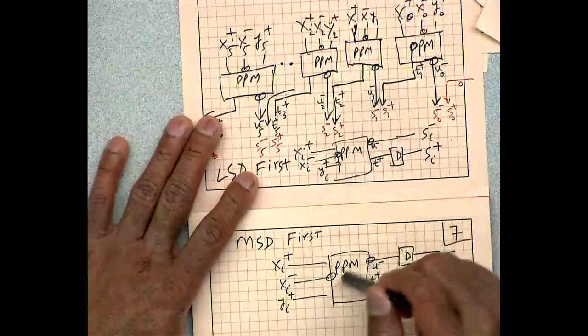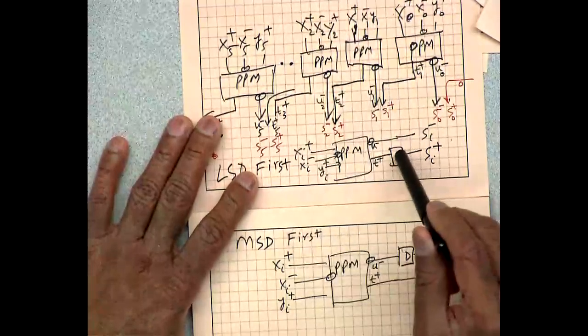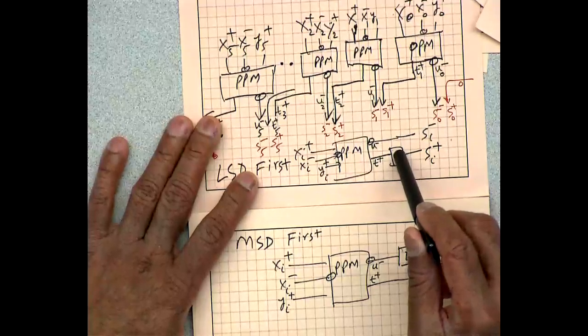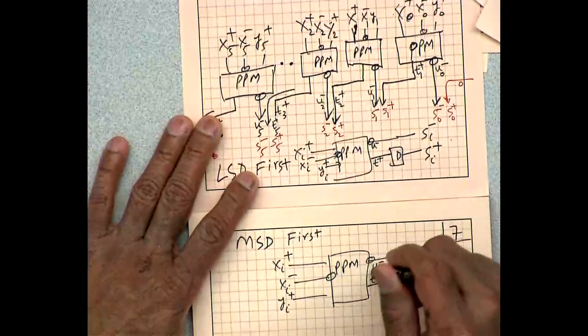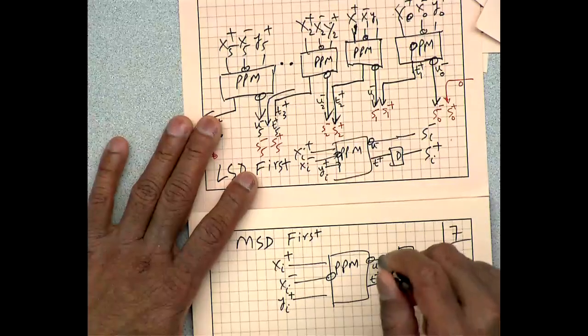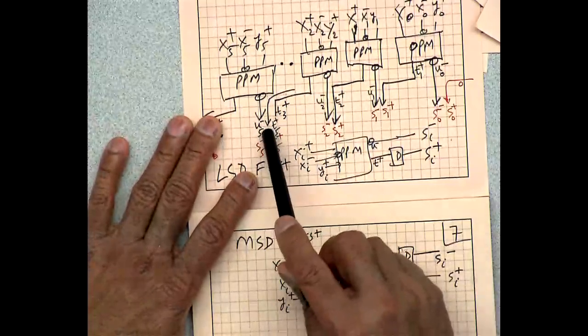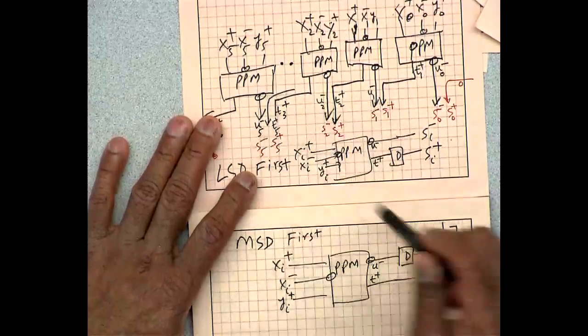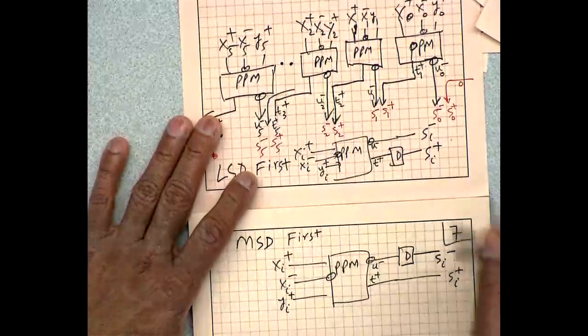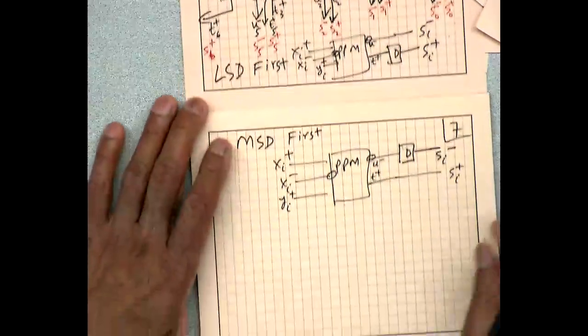If it is MSD first, then instead of the transfer digit being delayed, the U digit is delayed, and the current S is output when the T becomes available in the next clock cycle. Okay, that's kind of the main idea.